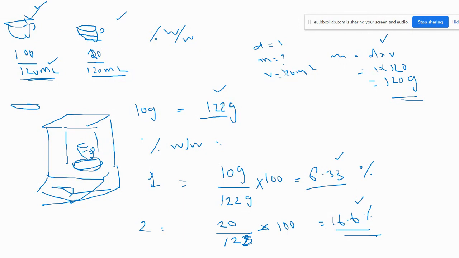Okay. Now I will give you a slightly different example of the same percentage. Suppose we have 10 gram we dissolve in 180 gram of water. This is number 1.